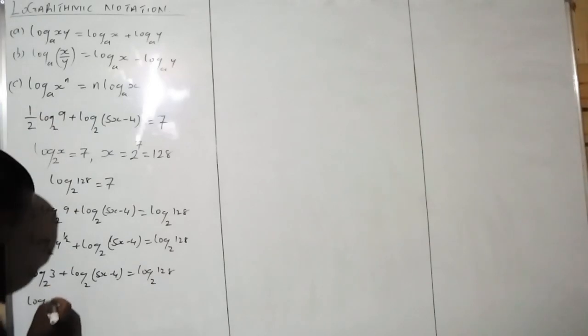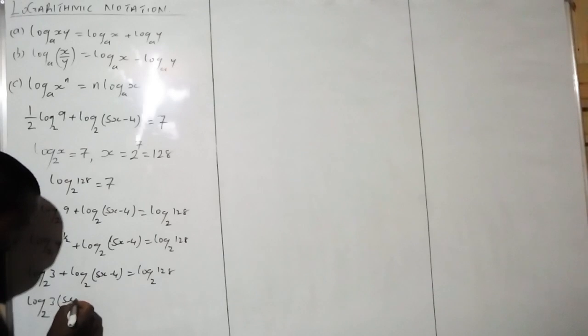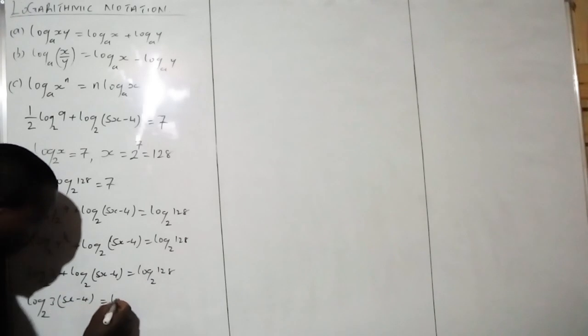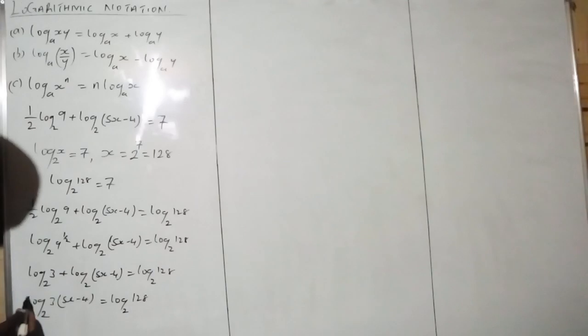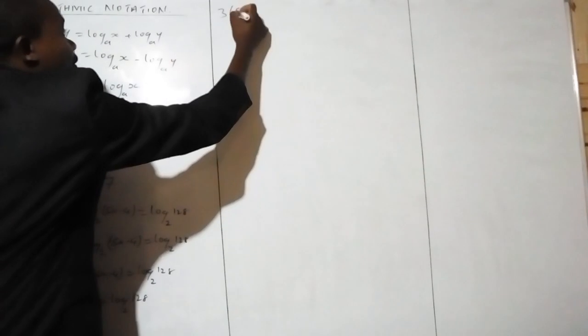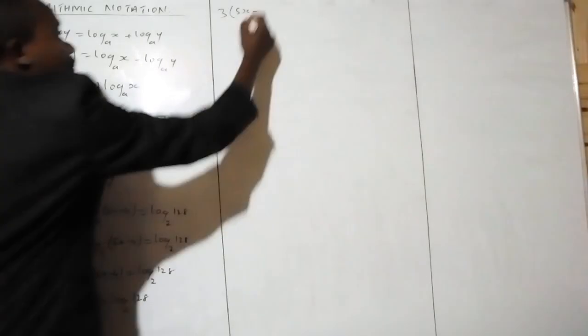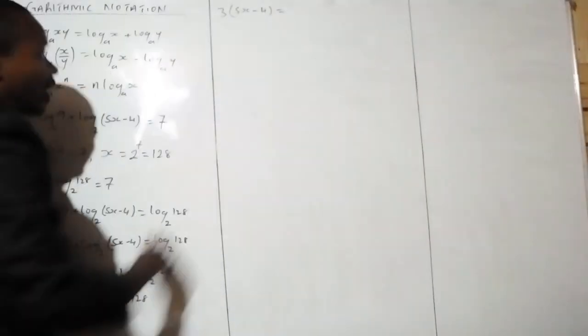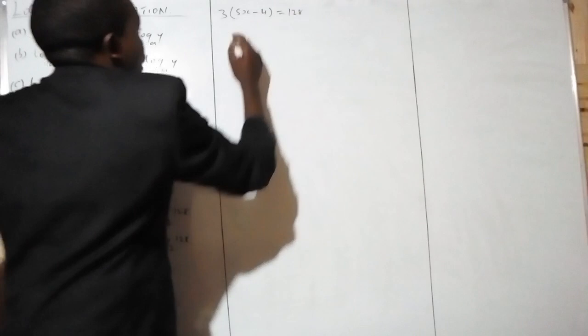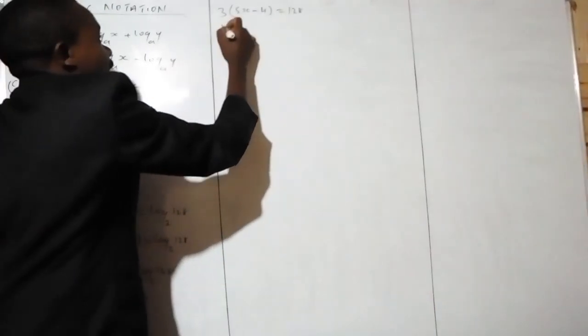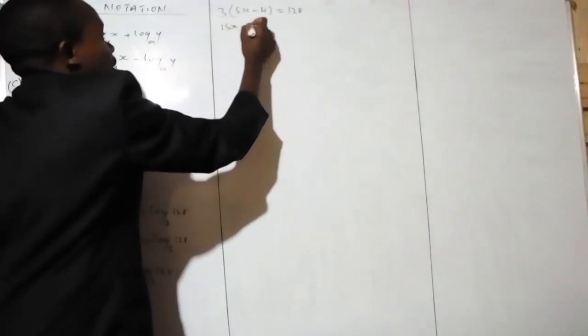So we start with 3, open the bracket, 5x minus 4, is equal to log to base 2 of 128. Then after that, you are going to drop the log to base 2 on both sides. 3 times (5x minus 4) is equal to 128. Open the bracket: 3 times 5x is 15x, minus 12, is equal to 128.